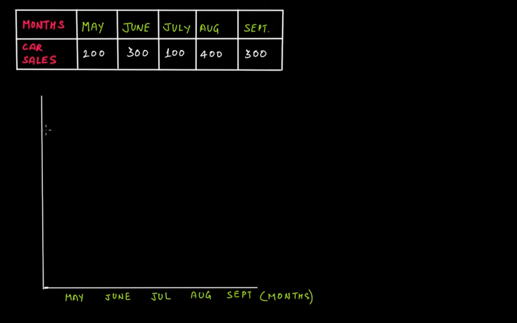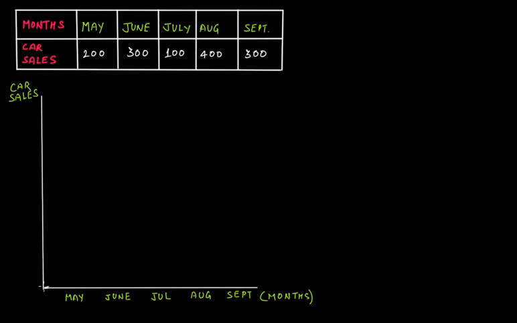And on this line we will represent all the values of the car sales, the numerals of the car sales. So these numerals represent car sales. So on this line car sales will come. Now you can clearly see that it is 200, then 300, then 100, then 400, then 300.